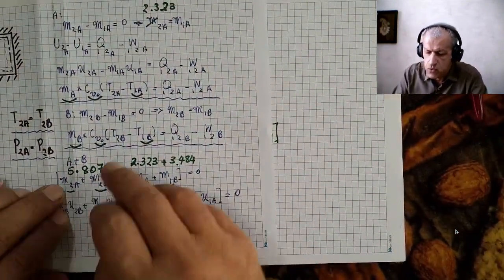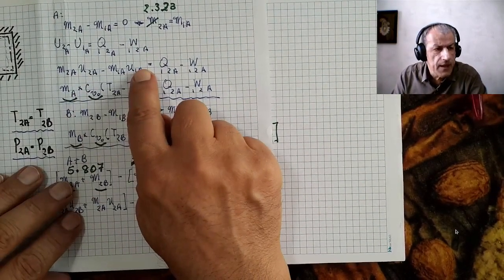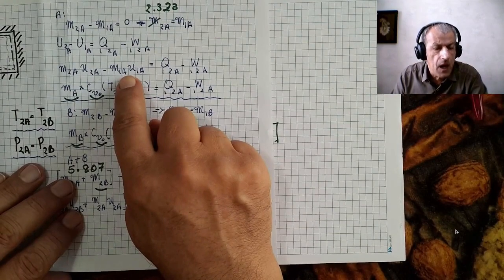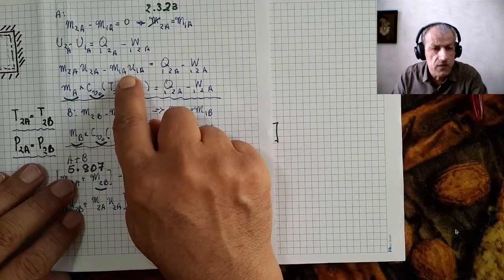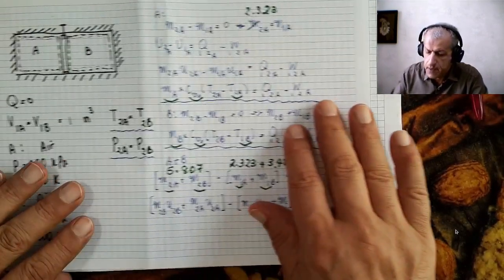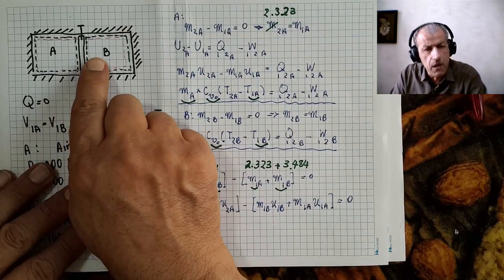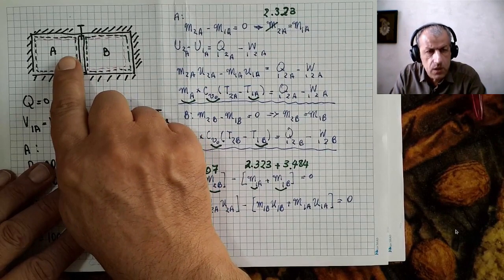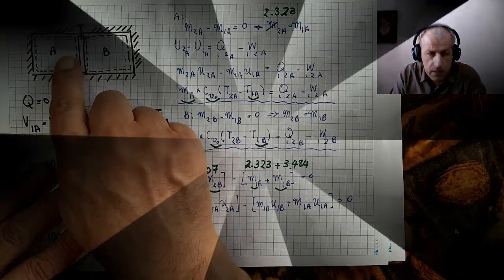Now, there's still another explanation on this problem where we should extend. Look, we have written two equations. This equation shows us how much energy was given to A. You see, B was warmer and had a higher pressure, so B both did work on A and also did heat transfer.